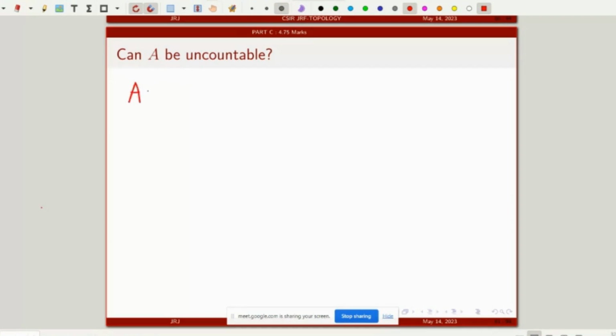The only thing is A is equal to the intersection of Vn. Can you produce some Vn's which are open and dense such that this A is uncountable? Deleting rationals, enumerating, yes correct. We can delete a singleton, deleting a countable set kind of thing.